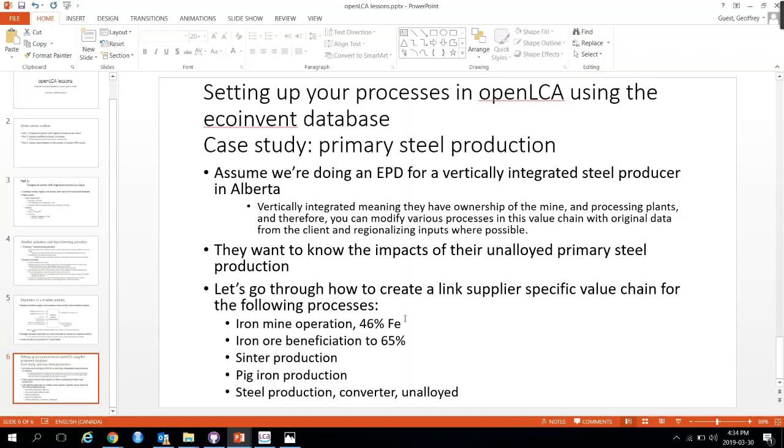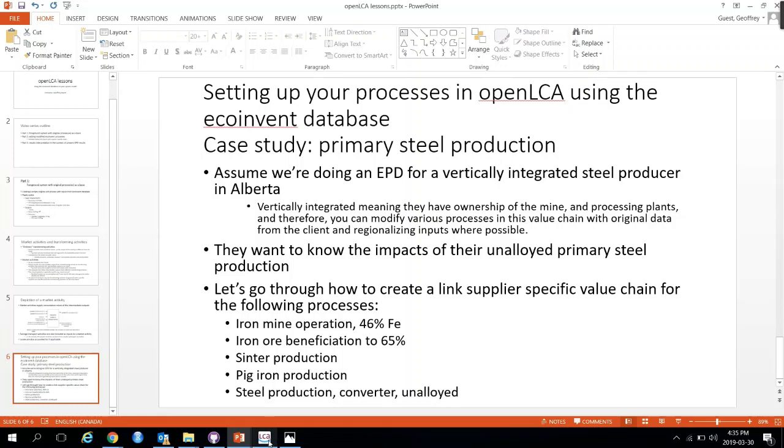We're going to focus on the value chain that the client essentially has control over, where we foresee them having the ability of providing data for these specific processes. All right, so we're going to start at the most downstream process in the system, that being steel production converter unalloyed, representing unalloyed primary steel production.